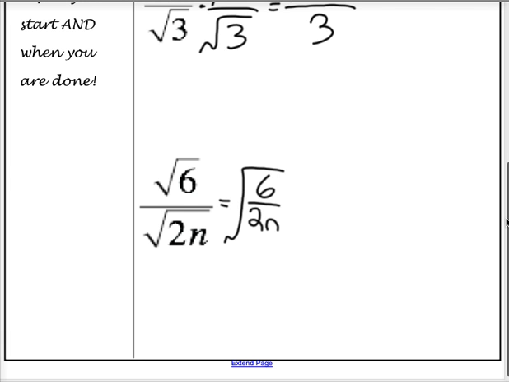The reason I'm doing that is because 6 over 2 actually just gives me 3. So by doing that, I can reduce my fraction a little bit because 6 divided by 2 gives me 3.